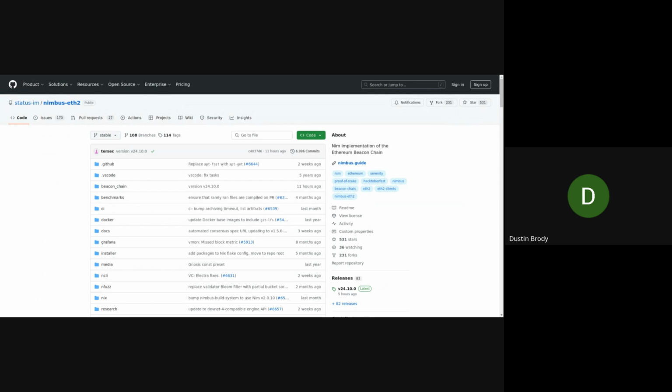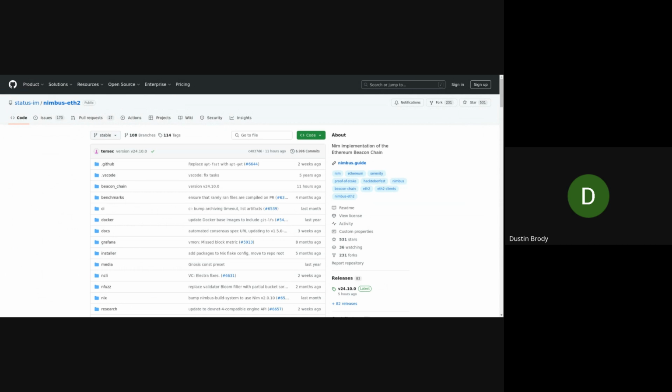Nimbus is largely organized along the lines of these specs. For example, there's a whole set of these: epoch processing, and how much is introduced differs from fork to fork.